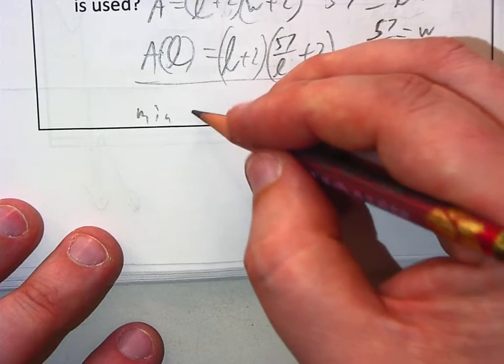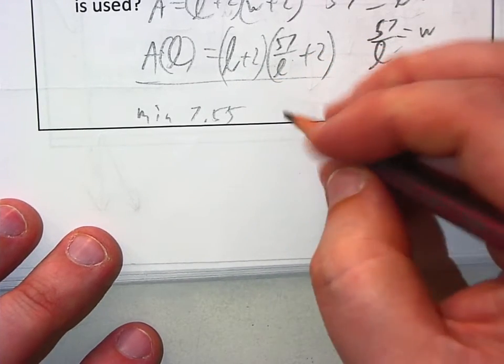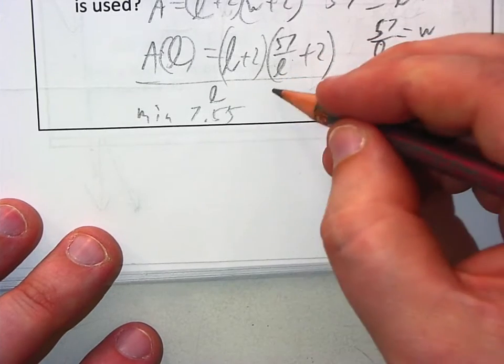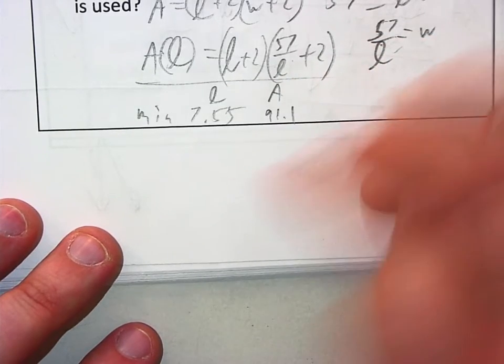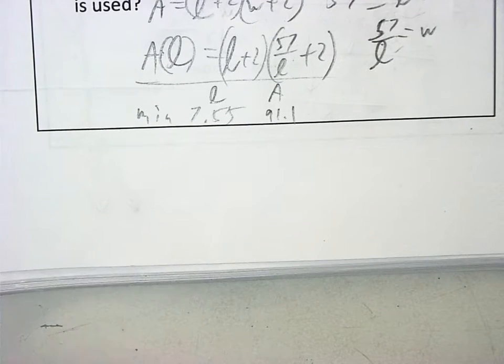You said the minimum was 7.55, yeah, and what was that minimum area? 91.1. So the graph doesn't even really start until that lowest point of 91. So you have to go up to more than 100 to be able to even see the bottom of the graph. That's going to take kind of playing around with the window a little bit.